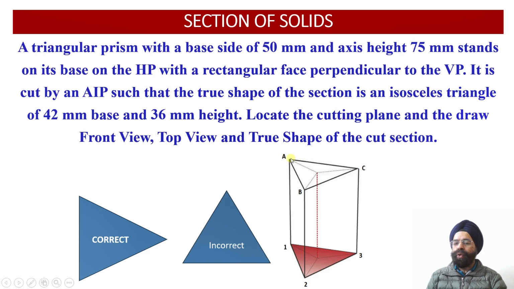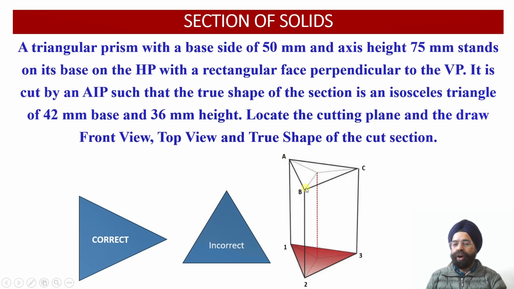So these are 2 adjacent top face edges. On these 2 adjacent edges of the triangular prism on the top, we should be obtaining 2 points of intersection of the cutting plane with the triangular prism. And where should these 2 points be located? These 2 points should be symmetrically located about this axis.